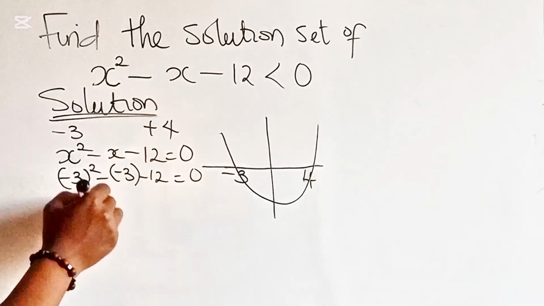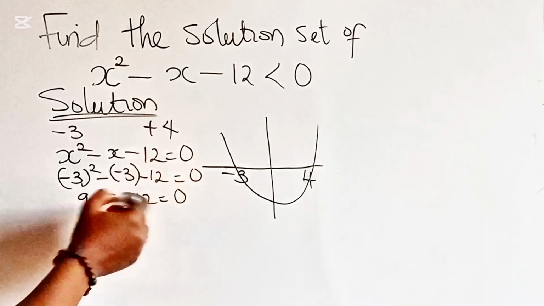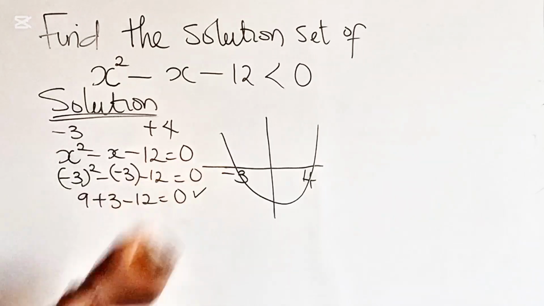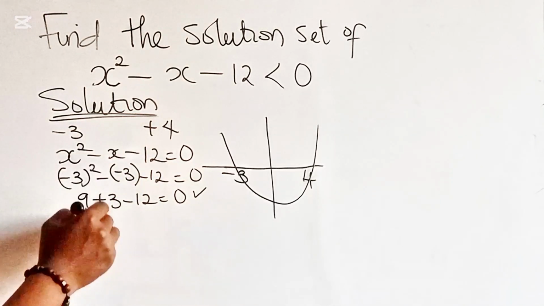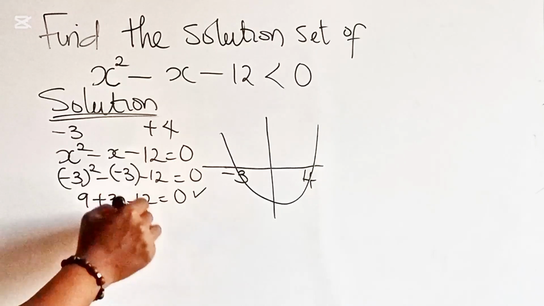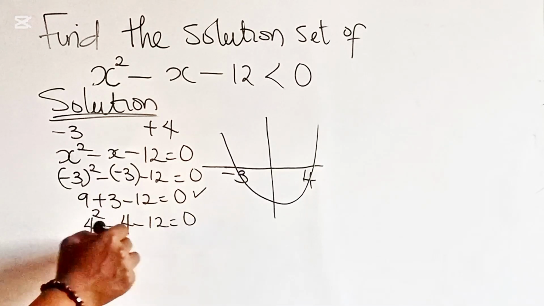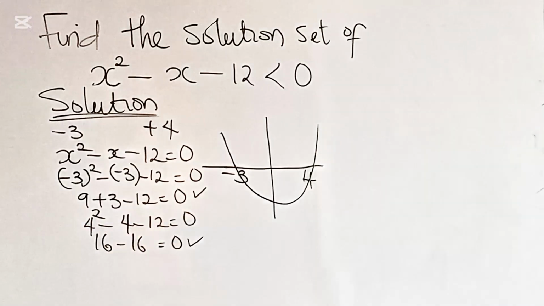So we have 9 plus 3 minus 12 is equal to 0, which makes our solving correct because 12 minus 12 is equal to 0. If we also plug in plus 4, we have 4 squared minus 4 minus 12 is equal to 0. This gives us 16 minus 16 equal to 0. It also makes our solving correct.